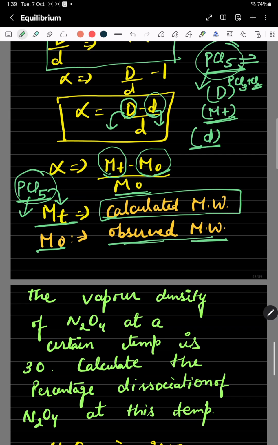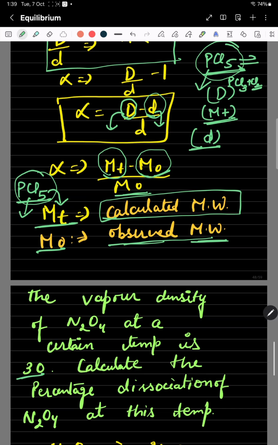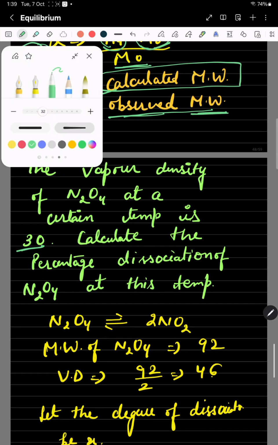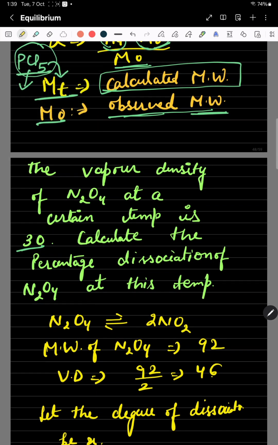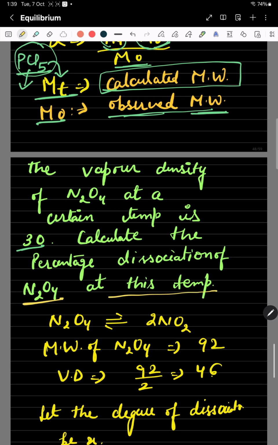Now the vapor density of N2O4 at a certain temperature is 30. Calculate the percentage dissociation of N2O4 at this temperature. Once N2O4 is heated, it gives nitrogen dioxide, NO2, and the reaction maintains an equilibrium.